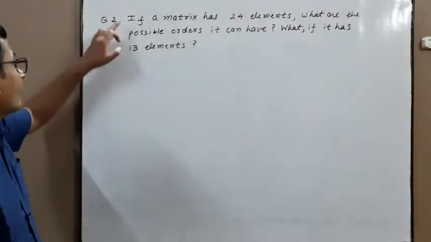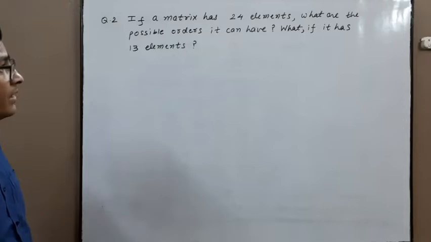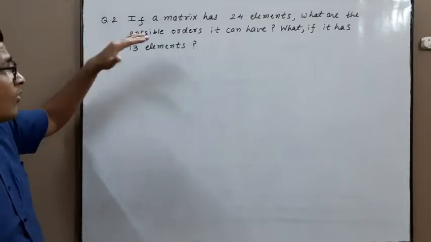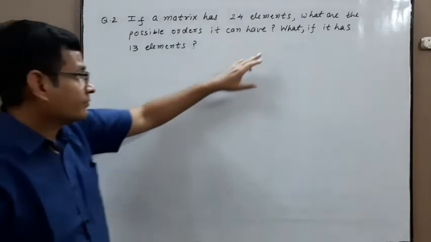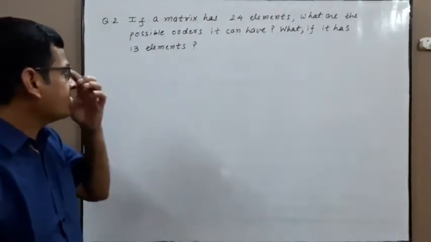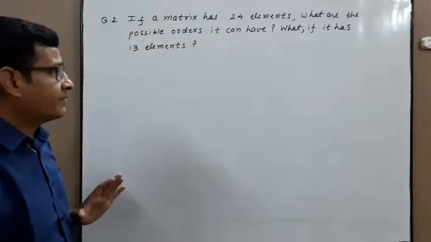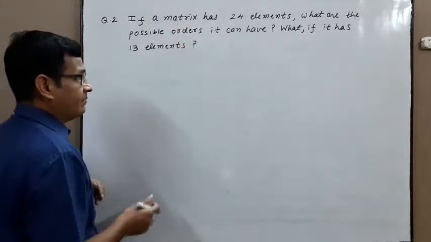Next problem. If a matrix has 24 elements, what are the possible orders it can have? What if it has 13 elements? So first do the first part. There are 24 elements.